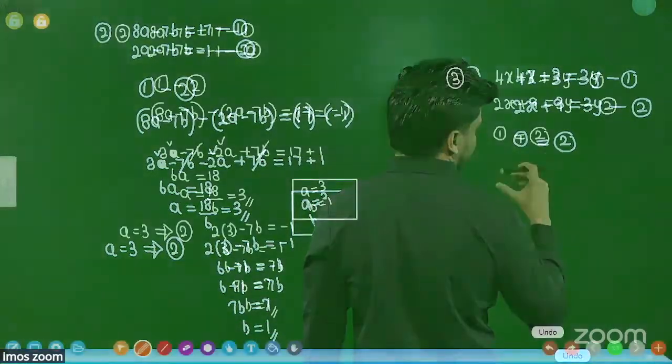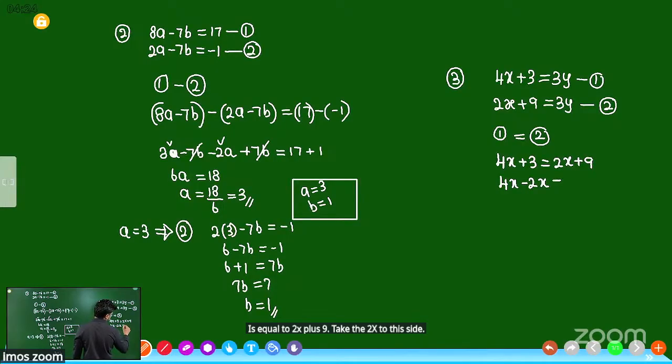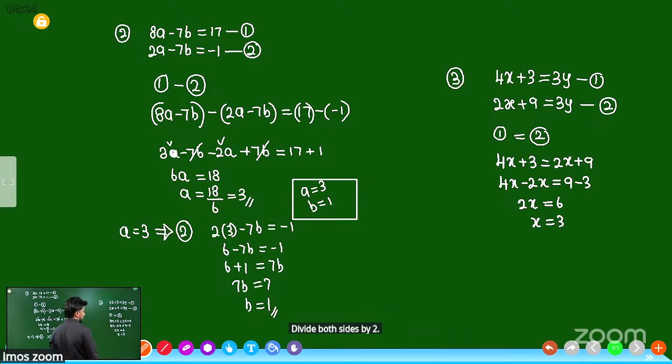So I can say 4x plus 3 is equal to 2x plus 9. Take the 2x to this side, 3 to this side. Divide both sides by 2. So x equals 3.